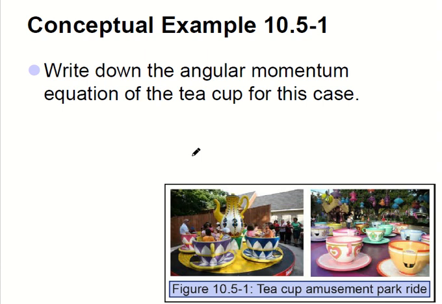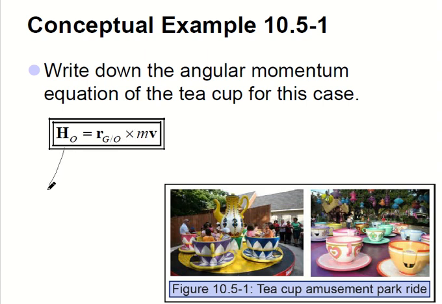Then we will write down the angular momentum equation of the teacup for this case. So we do the same thing. We're going to use our regular angular momentum equation at any point, equal to your distance from the center, as well as from that point, times mv.